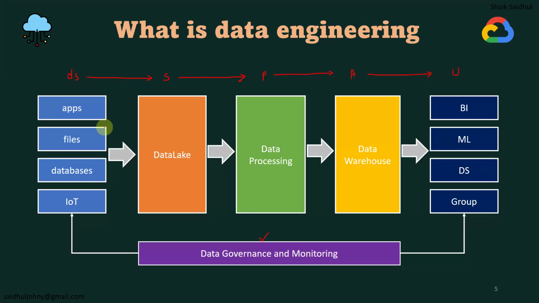Whatever you are seeing here is not done manually. We are going to automate it in our upcoming sessions because we are very lazy, and the data you are dealing with is a huge amount. You cannot manually process it, analyze it, or store it. No, that is not possible, because of the huge amount of data that we are dealing with.